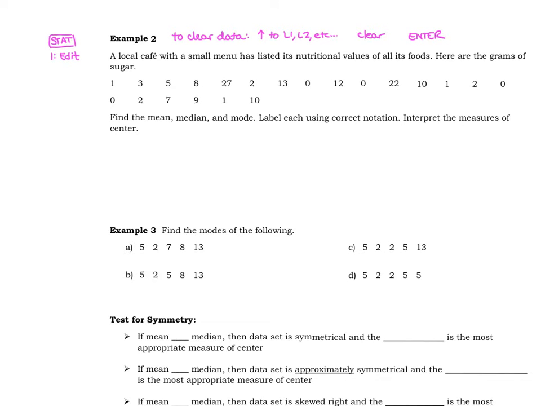Whether you need that now or in 10 minutes, you're going to need that information. So arrow up and highlight the list name, hit clear, don't hit delete, and then hit enter.